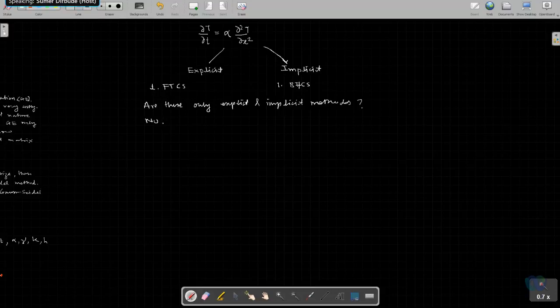So one method in this explicit category is called the Richardson method.